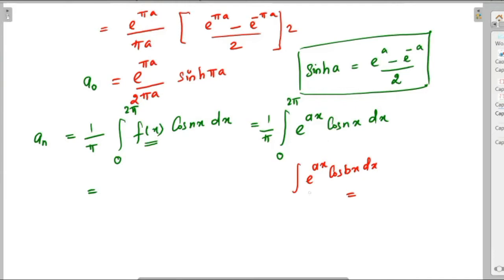So for that, I'm going to apply this result: e power ax divided by a square plus b square into a cos bx plus b sin bx. This is the formula I'm going to apply here. So here there is no limit given. You have to apply the limits after using this formula. That's all.